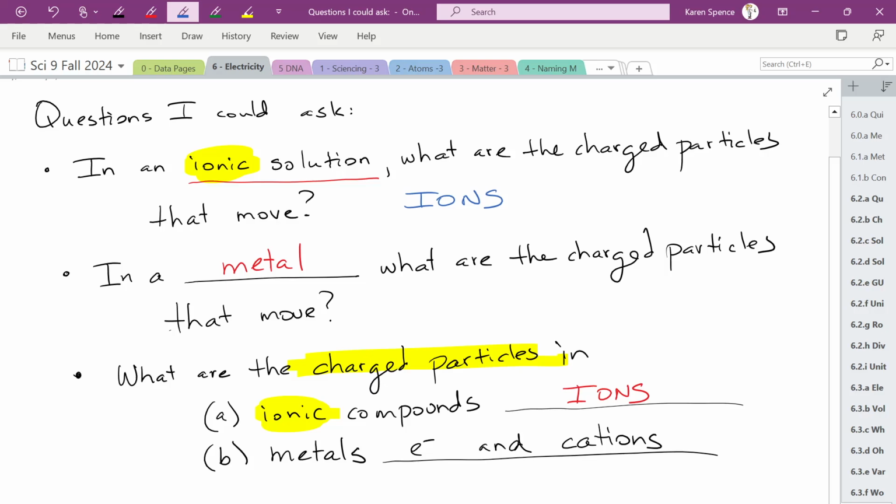In a metal, what are the charged particles that can move? Electrons. Okay? So those are some questions that I could ask, just to give you an idea. I'll keep adding on to this list. If anyone would like a printout of this, just raise your hand now and I'll make printouts before the end of class. I will make a class set.